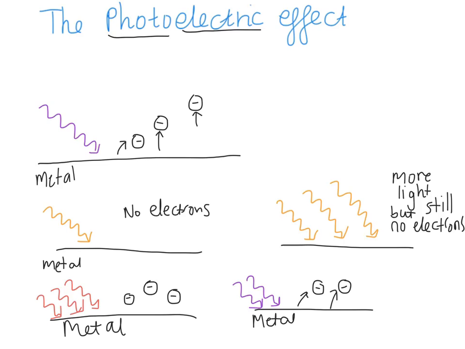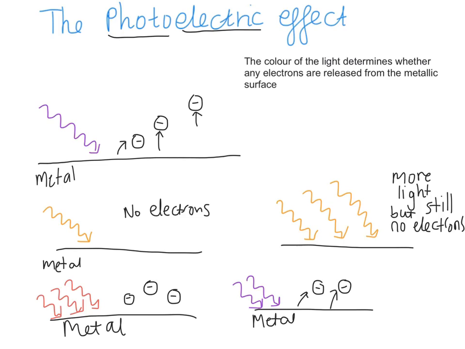So, from these physics experiments that were originally done in the early 1900s, we've learnt that it is the colour of the light that determines whether we see any electrons coming off the metal surface. And if our light is more intense, so it's brighter, then we'll see more electrons. But if it's still the wrong colour light, there still won't be any electrons.